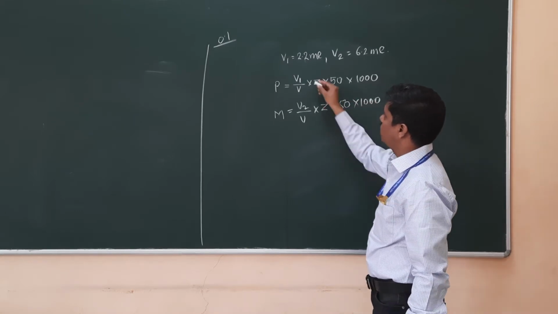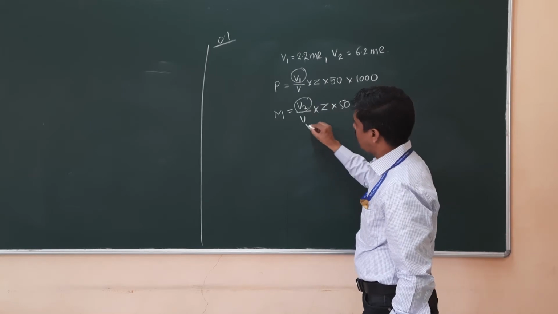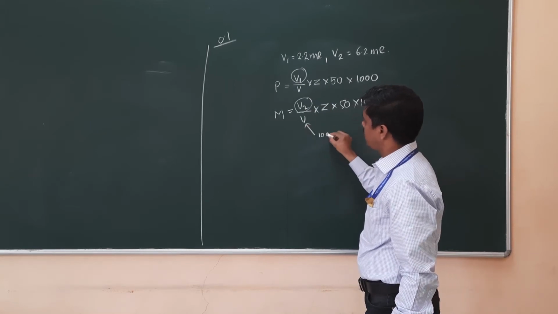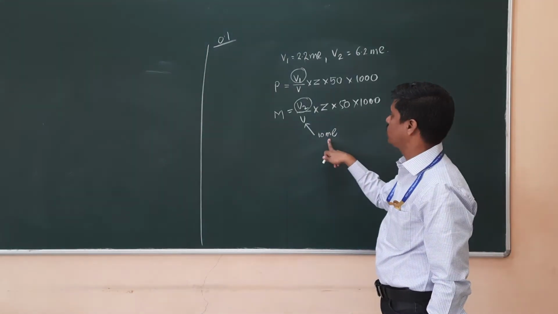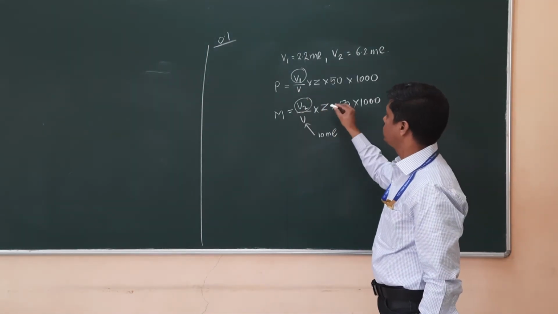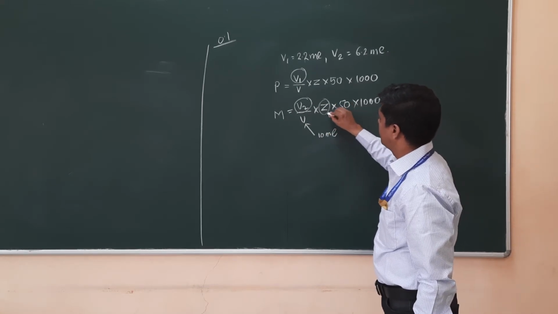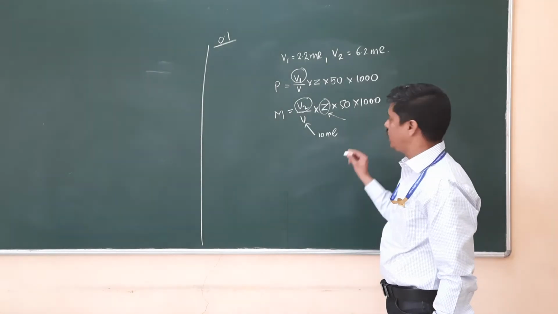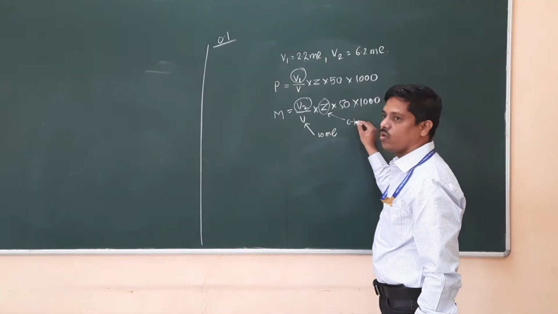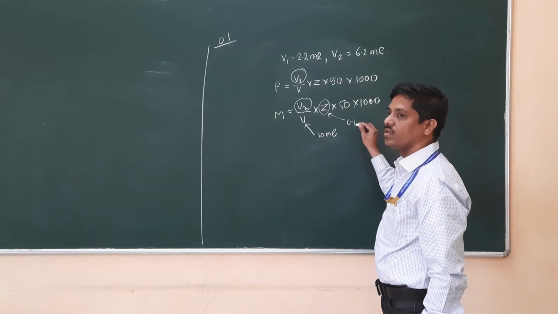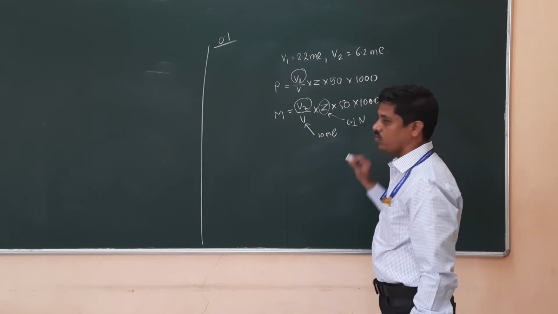So you know the value of V1, you know the value of V2, and you know how much alkaline water sample is taken for the titration. 10 ml alkaline water sample is taken for the titration. What is the normality of HCl? 0.1? 0.1 normal HCl.